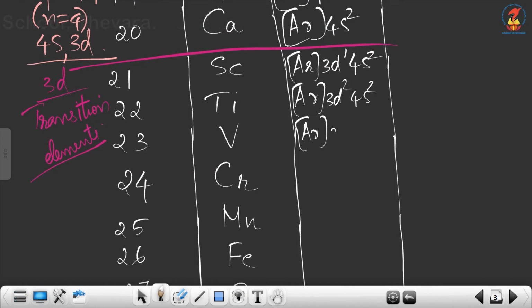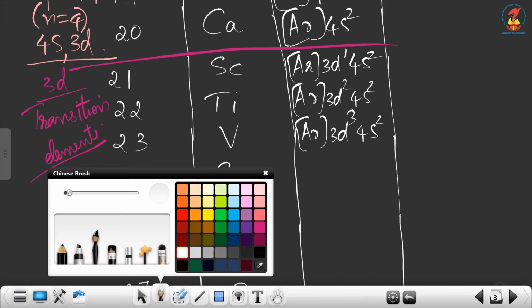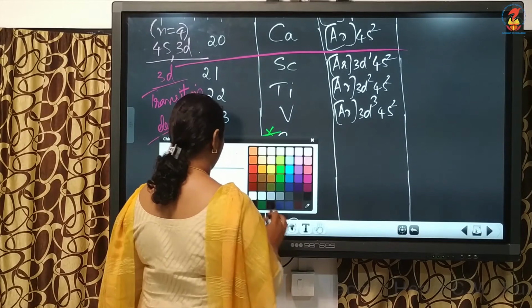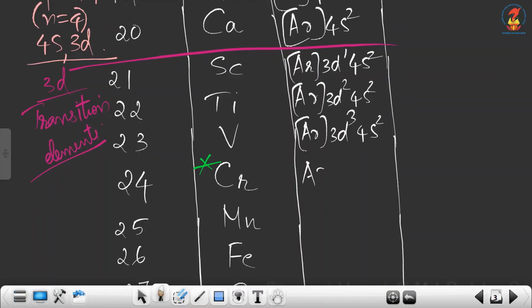Vanadium, argon 3d3 4s2. Chromium, now actually it should be 3d4, but this chromium takes exceptional configuration. The reason for that I will tell after writing all the electronic configurations. Now chromium takes argon 3d5 4s1. In this configuration you have to be very careful.